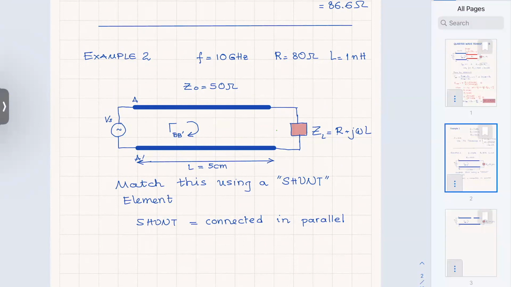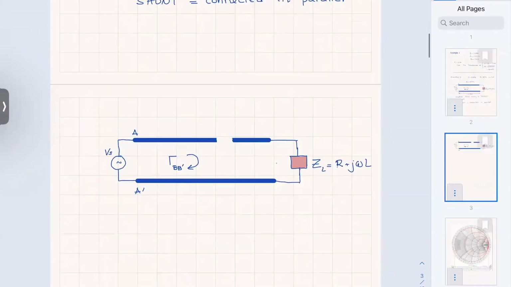From my source to my load, and the load can be a radiating element, you only have 5 centimeters. That's what they told me. No more than 5. So in this case, I cut it here, but that does not change the length of my line. Why is that? While I'm cutting here, it does not change the length of the effective line.